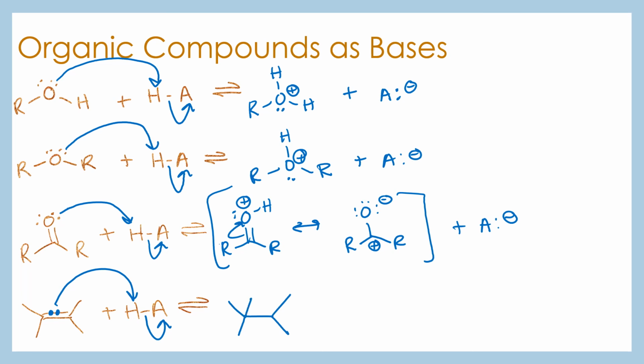The proton would end up on one of these carbons, and you'd end up with a carbocation on the other carbon, plus A-. And this is the foundation of the chemistry that you learn in chapter 6 or 7. No, 7 or 8, sorry.